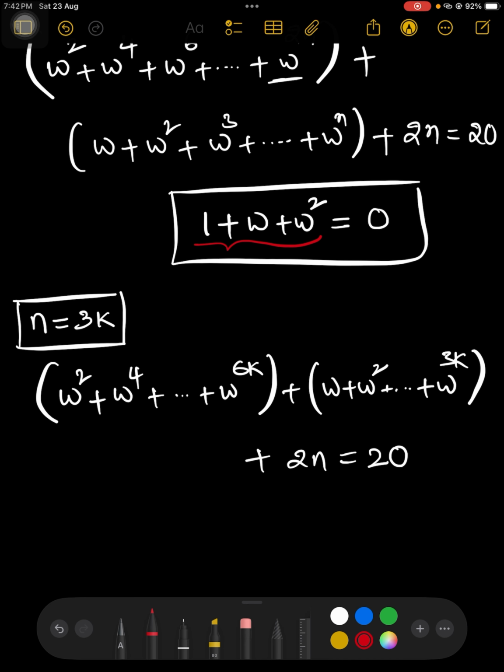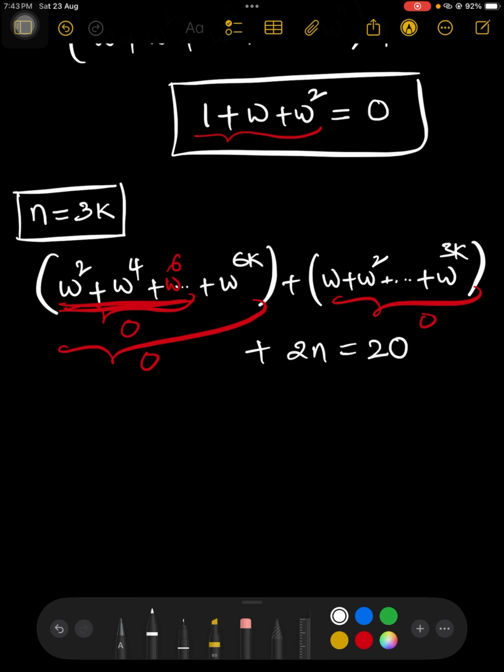Here omega square is there, and this is omega, and the next term is omega power 6, this triad is 0, like that. Some multiples of 3 terms total equal to 0, and here also the sum is equal to 0. Like how these 3 terms become 0, the remaining terms up to 6k also become 0. So what we get finally is 2n equals 20, so clearly n equals 10.